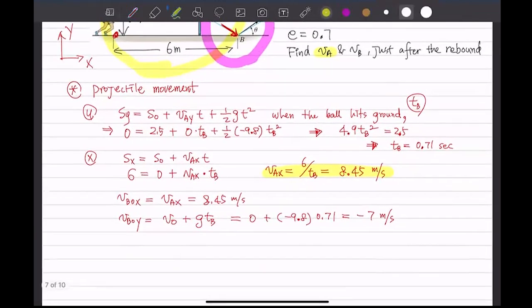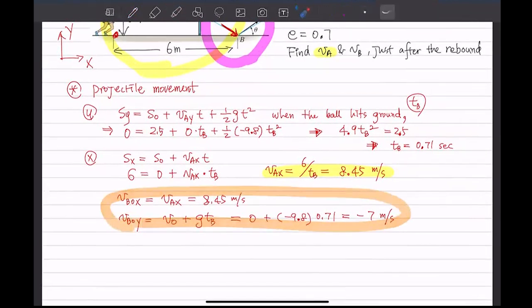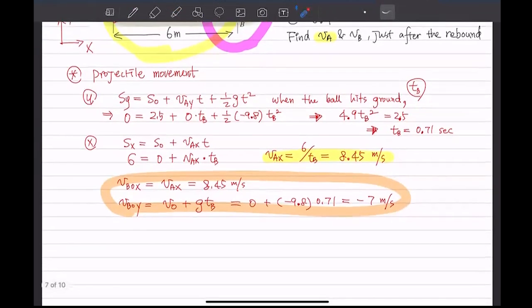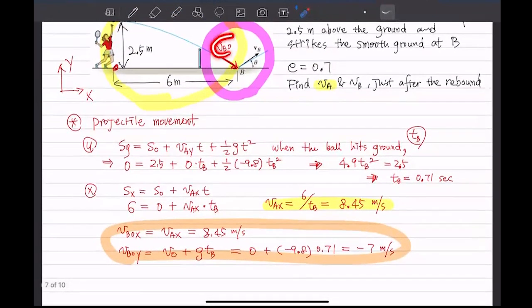Okay, so we got these, which is the velocity when it hits the ground. The horizontal component is going to be 8.45 meter per second, and the vertical component is going to be 7 meter per second. Okay, so that is the velocity when it hits the ground.